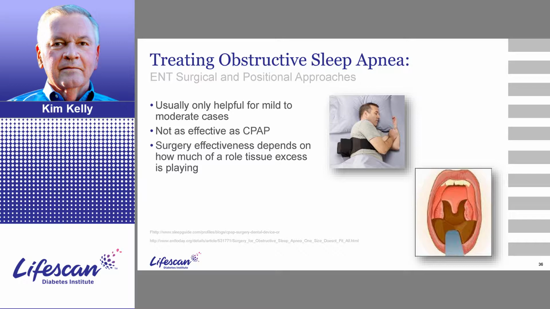So there are surgical approaches. Tonsillectomy in adults is an awful procedure, very difficult for patients, and so as a result, these oropharyngeal surgical approaches tend to be more common in younger patients.